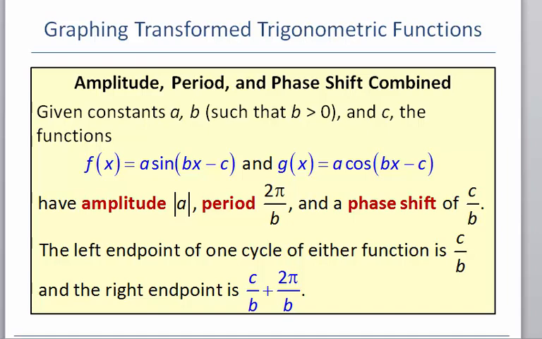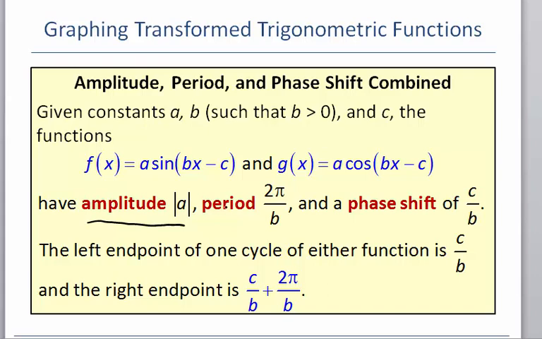All right, so this definition says that if we have a trig function that's set up this way, f of x is equal to a sine bx minus c, or it could be a cosine bx minus c, then the amplitude is going to be denoted by the absolute value of a. So remember that the amplitude is the height of the graph, and so we can get the amplitude of the graph by looking at the number that sits in front of the function.